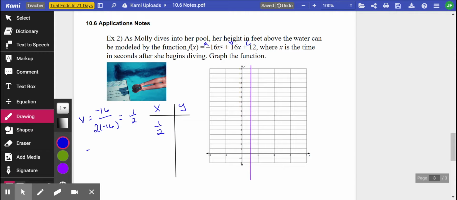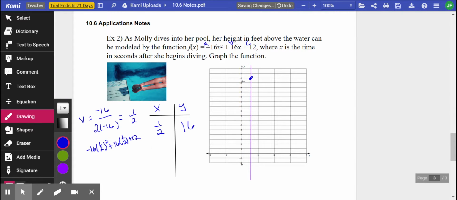I'm going to do negative 16 times 1/2 squared plus 16 times 1/2 plus 12, and type that in my calculator. You can use 0.5 instead of 1/2 if you'd like. When I type that in my calculator, I get 16. So that's my vertex.